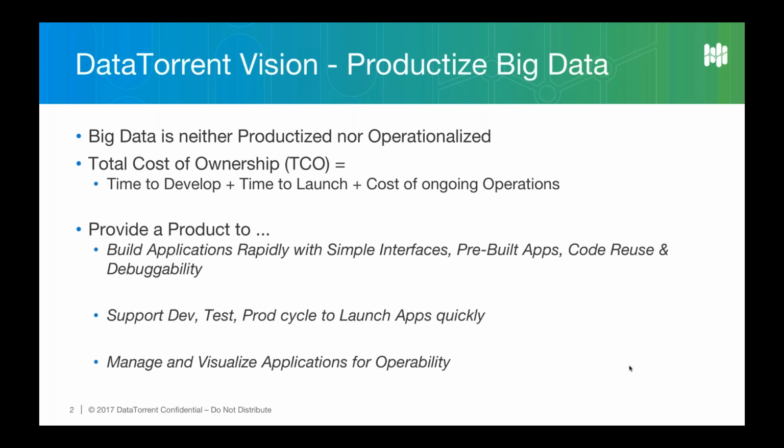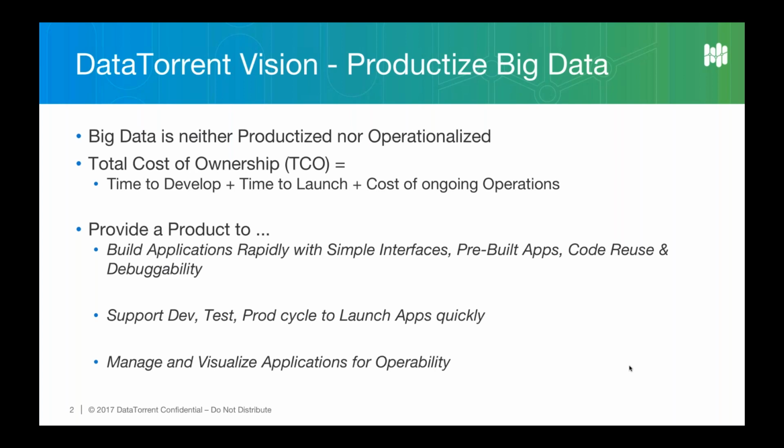In the process, businesses also want to reduce the cost of ownership and cost of operating these big data applications. So the cost of ownership consists of three factors. One is time to develop, then time to deploy, which means even after you have developed your application, you need to test it, you need to stage it, you need to test it with sample data and all that stuff before you can put it in production for your business operations.